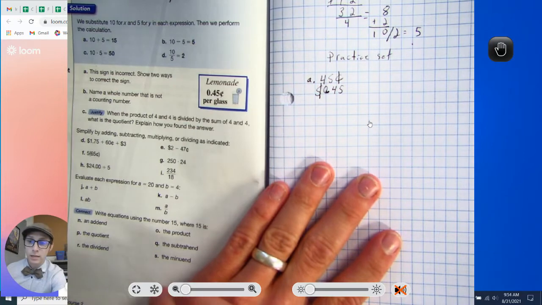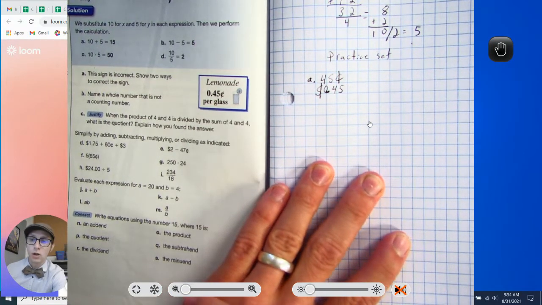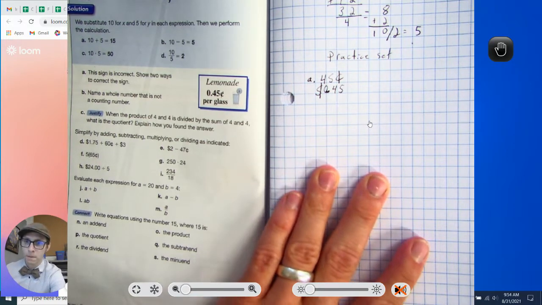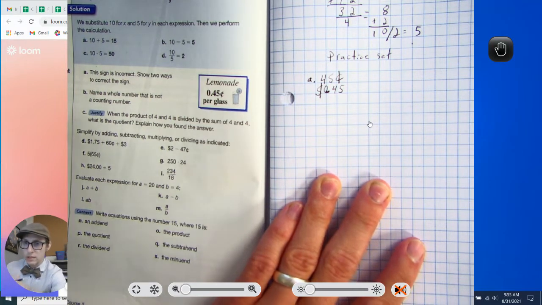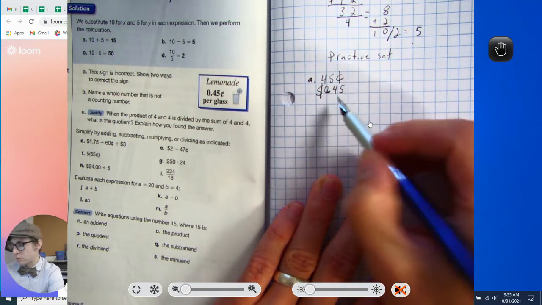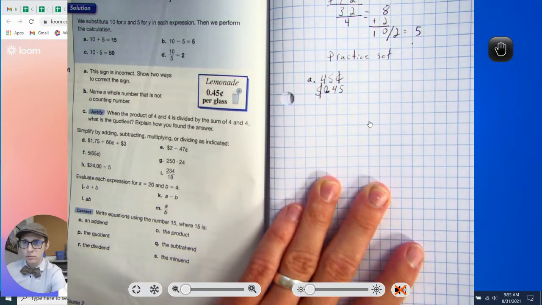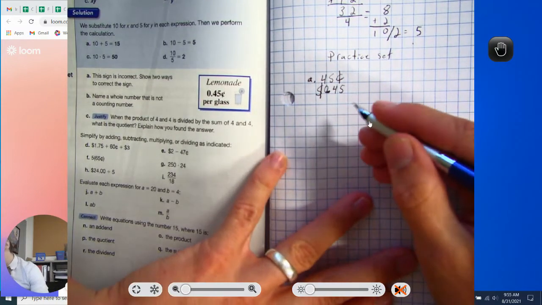It's only a decimal if it's talking about a dollar. One whole dollar is 100 coins, and it's only a decimal when we're talking about going up to that whole dollar. So 45 cents or $0.45. That would be the answer for A.